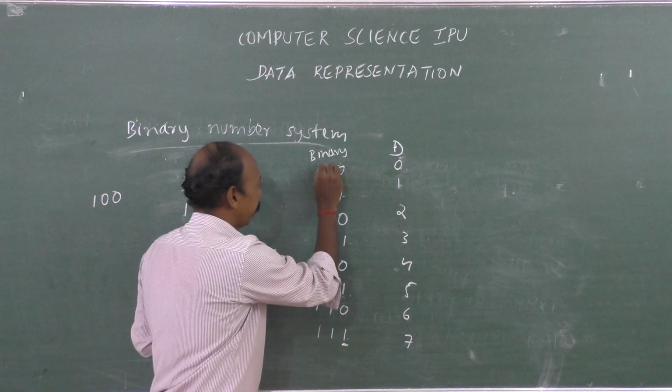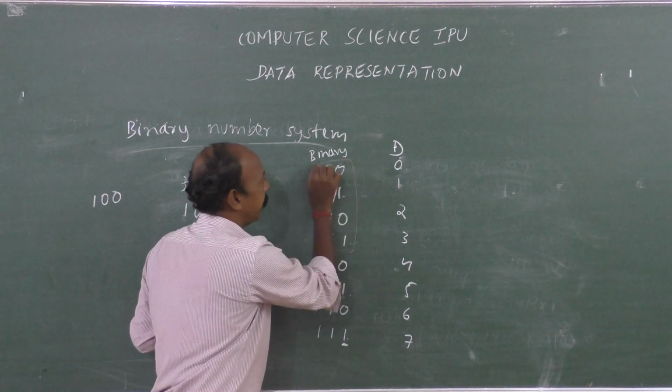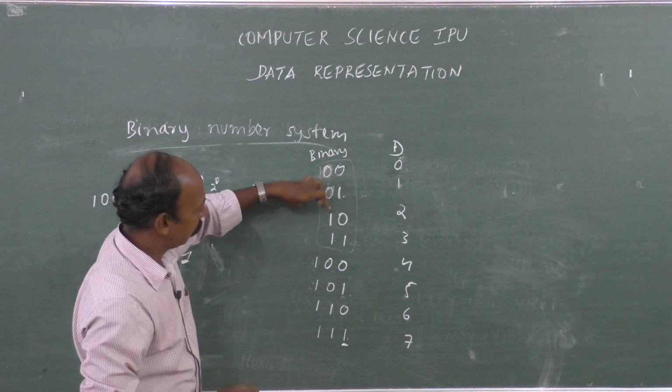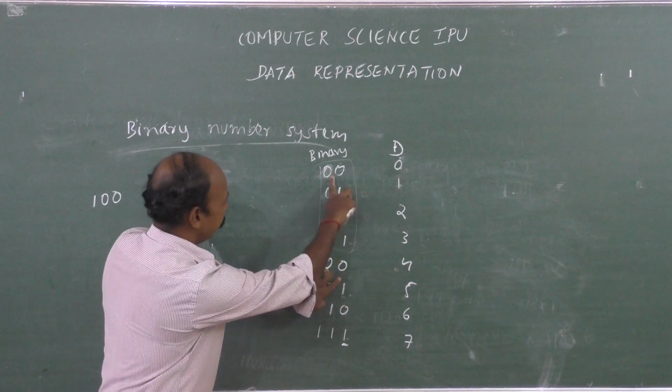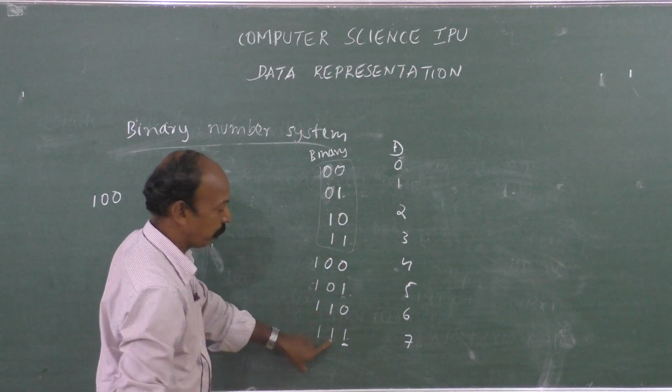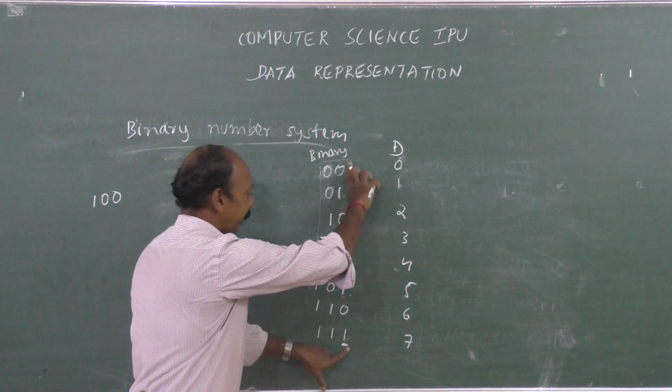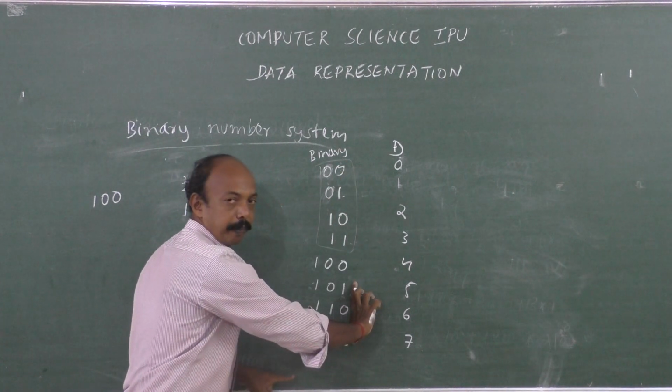One thing you can note here, whatever we have written, 00, 01, 10, 11, the same thing repeats here, 00, 01, 10, 11. So this set gets repeated here.